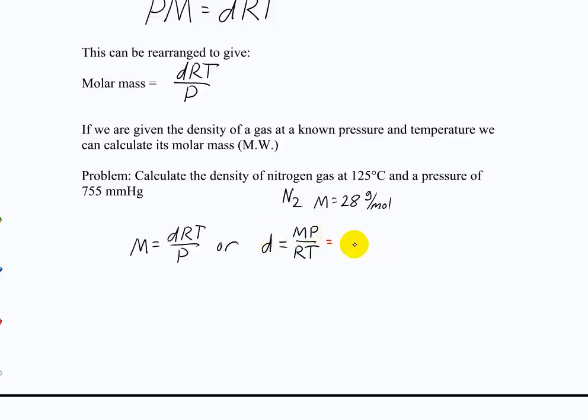All right, so let's calculate this out. So that's 28 times, can we use this or do we need to convert that? We need to convert it unless we use a different R. All right, so let's convert it. 755 times 1 atmosphere per 760.